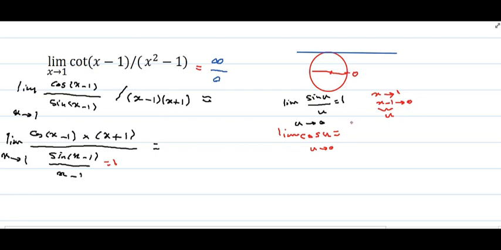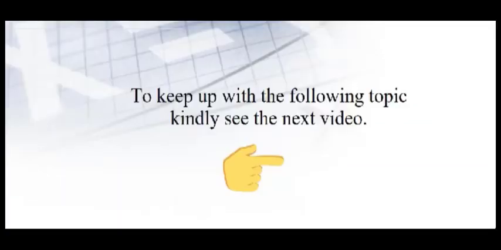Cosine of x minus 1 is located in which quadrant? If u approaches 0 from the right side, it means that we are in the first quadrant, and if u approaches 0 from the left side, it means that we are in the fourth quadrant, and for the cosine both are positive. And so here we can write 1, and here will be 1 multiplied by 2 over 1, which is equal to 2.